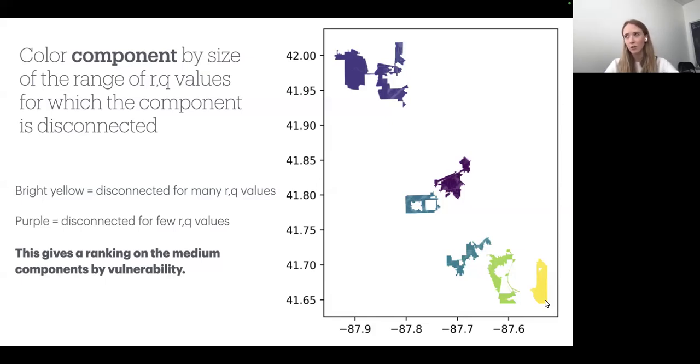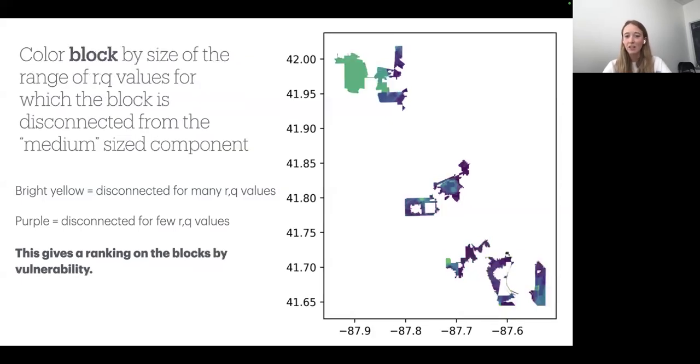And then we can even look within one of these components and try and look at the individual blocks and see when that block joined the medium size component. And so those that have been in the component for a long time would be the ones that have been uncovered for the most amount of time, or for the most parameter values.